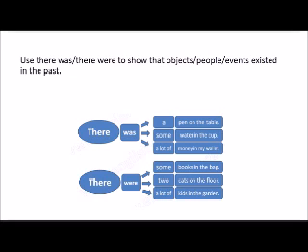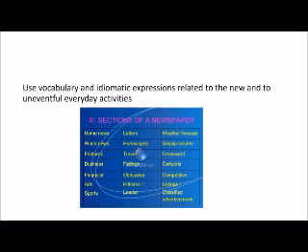The objectives I have for this activity are: first, use there is and there are to show that objects, people, and events exist in the present. That's very important. The second says use there was or there were to show that objects, people, and events existed in the past.